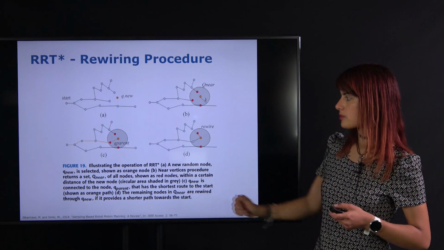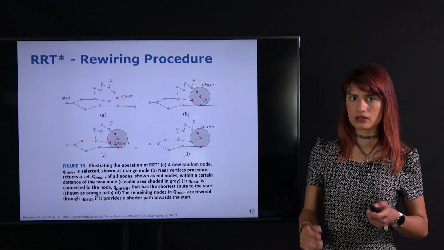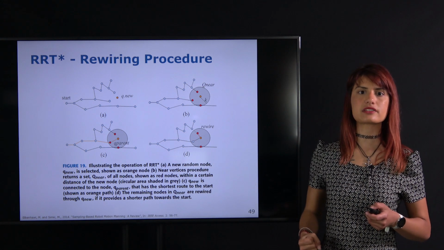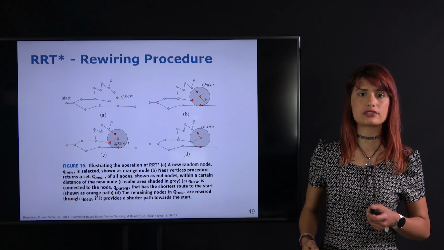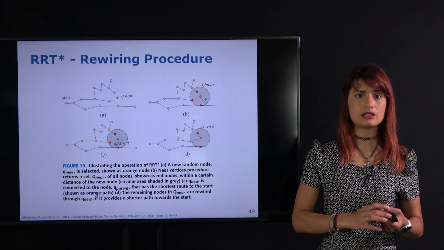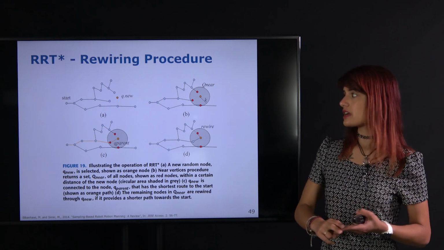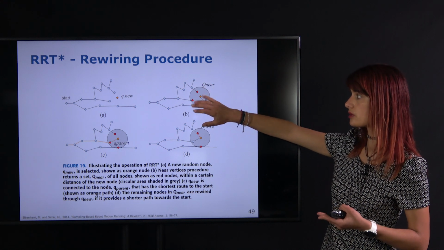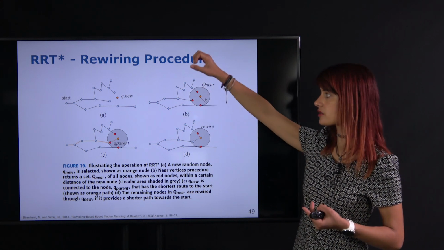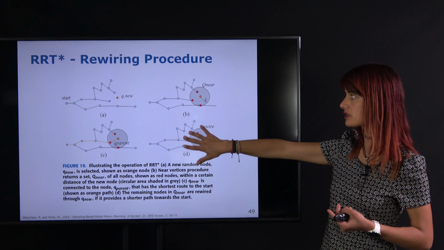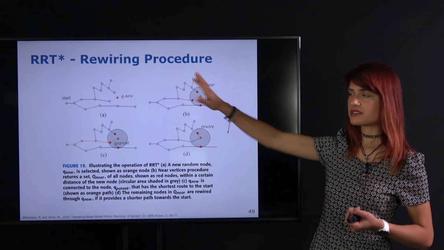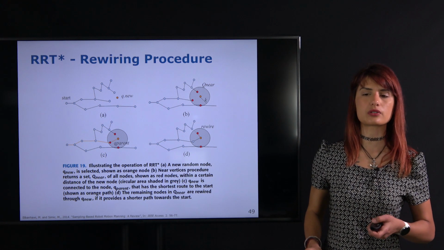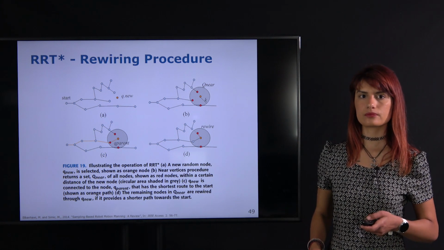So to summarize, the RRT star is a combination of the RRT and the RRG, which gives us a tree-based search strategy with asymptotic optimality. The two major insights that we obtain here, in order to get these properties, are the rewiring procedure illustrated here on the slide, as well as the adaptive radius, which depends on the size of the tree at a current point in time.